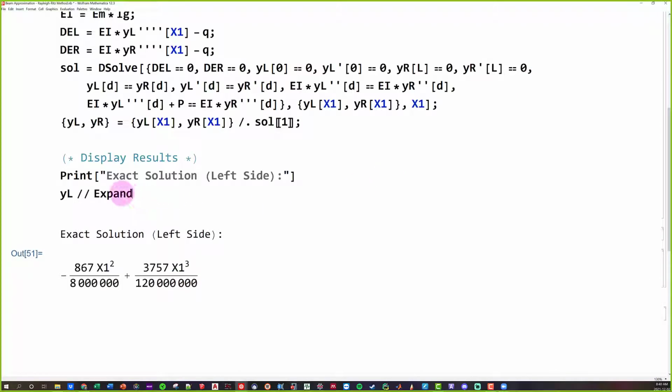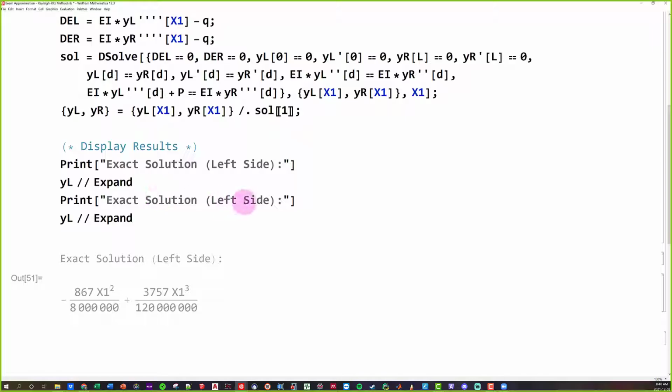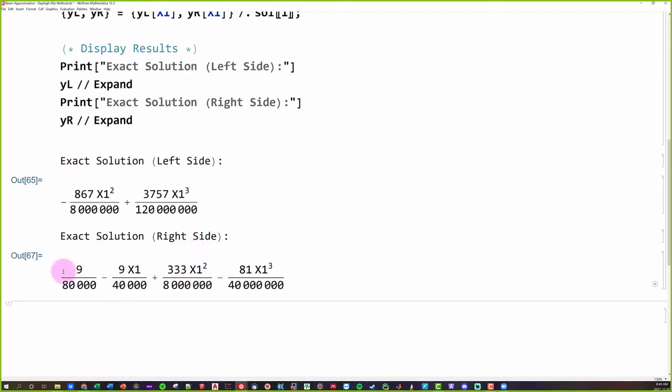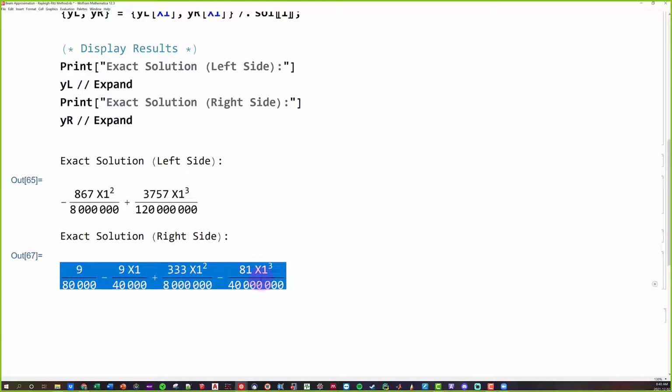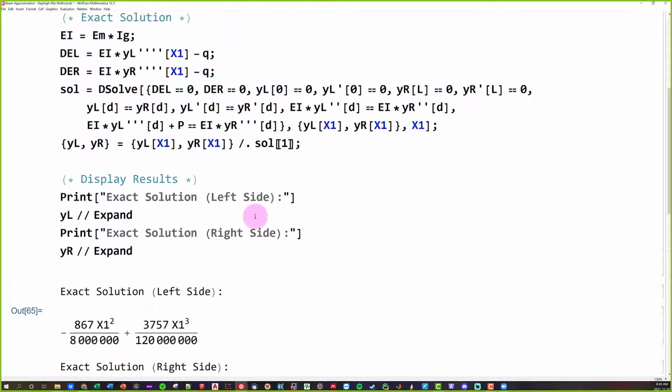So hopefully, when we do the right-hand side, I'm just going to copy and paste this. If we were to do the right side, we get all those constants and that linear term. And as we can see, we do. So hopefully that makes sense on what to do for the exact solution.